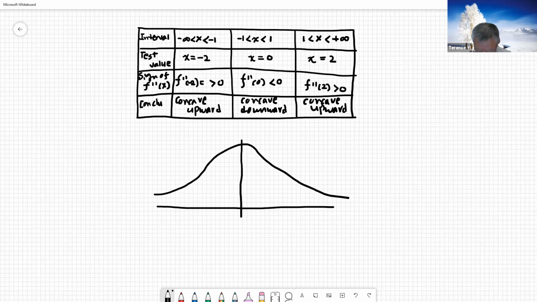Here x equals minus 1, and here x equals 1. This is where the concavity changes.